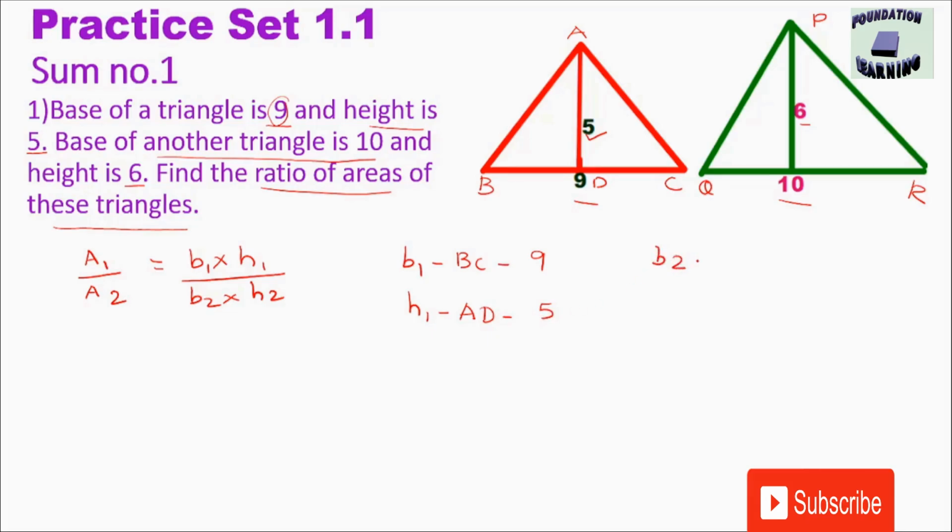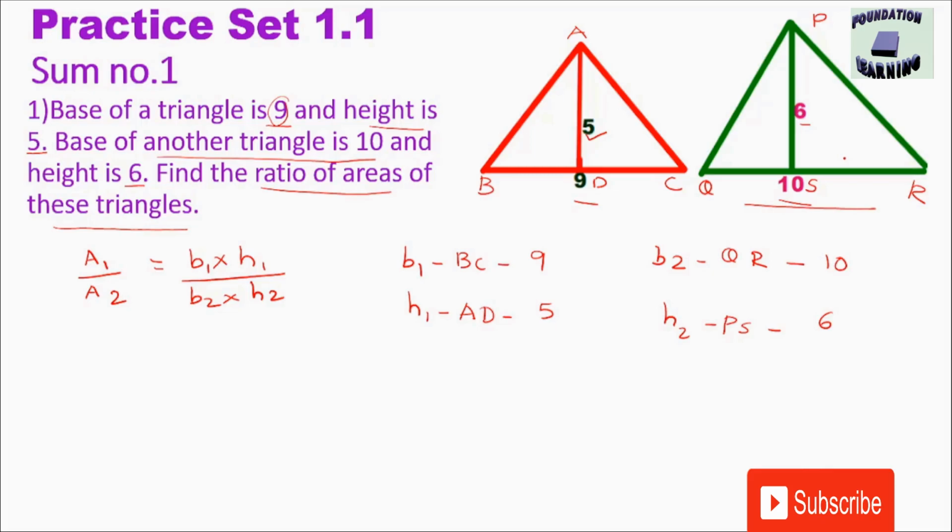B2 is QR, and the measurement is 10. H2 is, let's say we write it as S, it is PS, and the height given on the second triangle is 6.